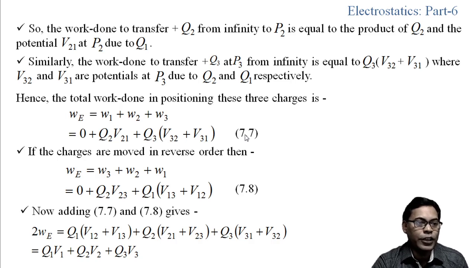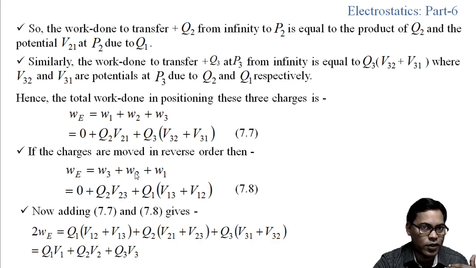Now if the charges are moved in reverse order, first Q3, then Q2, then Q1. For Q3 the work done is equal to 0. For the second charge Q2, it will be Q2 into V23, the potential at the point P2 due to the charge Q3 present at P3.